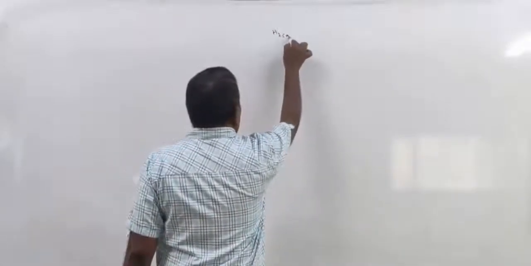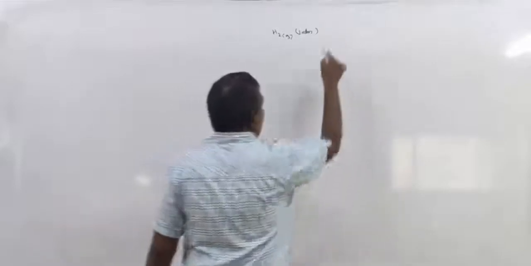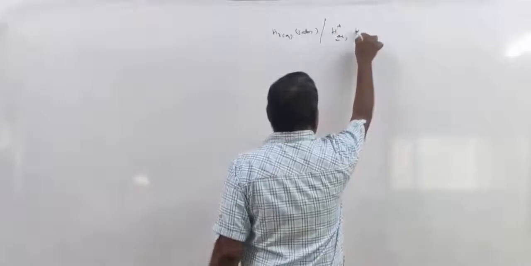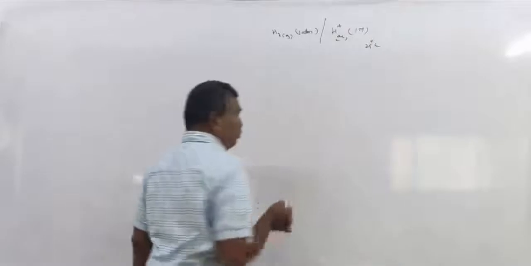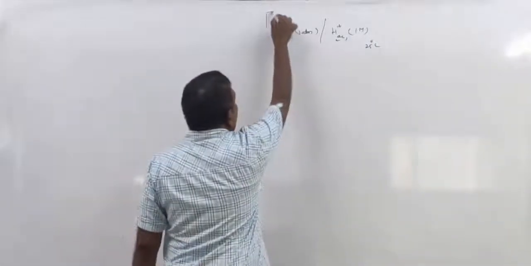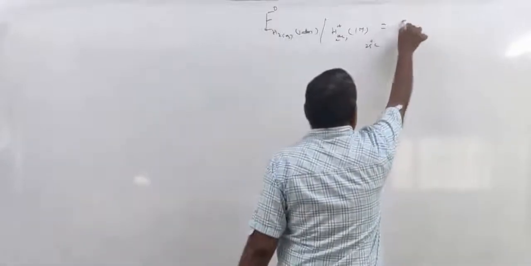Hydrogen gas at 1 atmosphere pressure in contact with H plus ions in the solution of 1 molar concentration at 25 degrees Celsius. Arbitrarily, its electrode potential value is taken as 0.